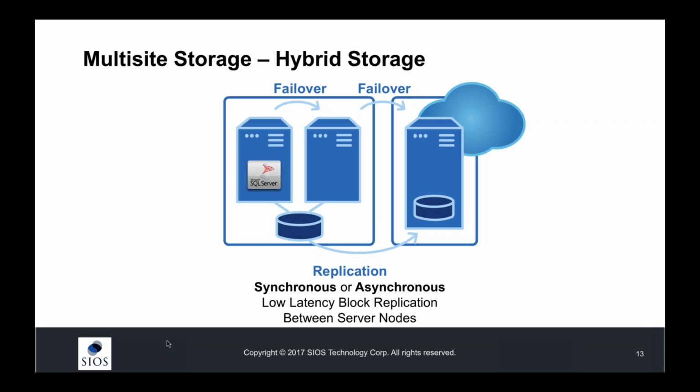If latency does not quite meet the requirement, I could have an asynchronous copy up in the cloud for test, QA, upgrades, whatever the purpose may be. Or maybe this is the initial seed on my journey to the cloud, right? To essentially migrate all of my on-prem up into one of the cloud vendor solutions.